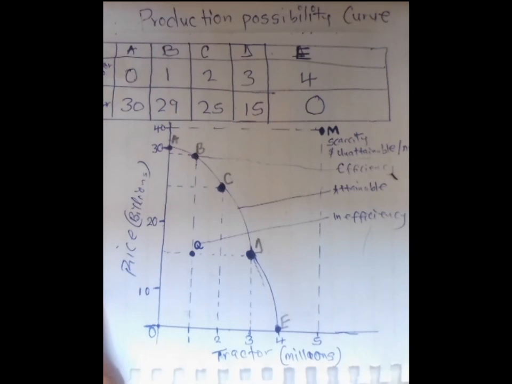So the assumptions of the production possibility curve. One of the main assumptions is that one country produces two goods, and the resources are limited to produce either of those goods. This is what you need to know.